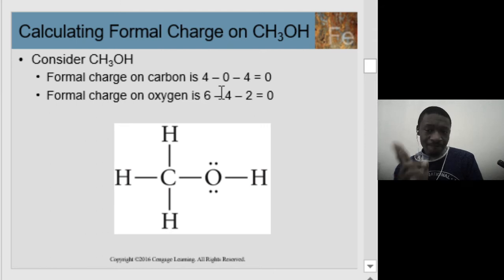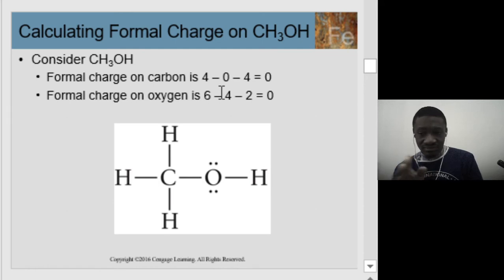For oxygen, the valence is 6, minus the unshared electrons, which is 4, and then oxygen bonds in 2 places, so 2 bonds.